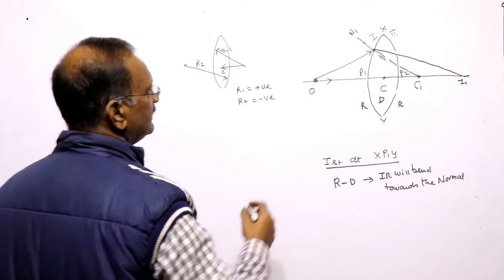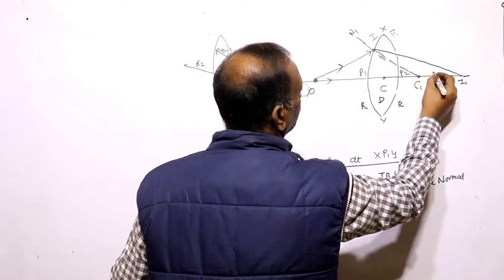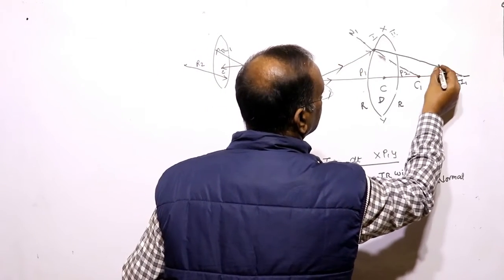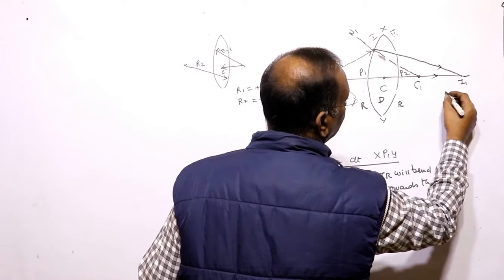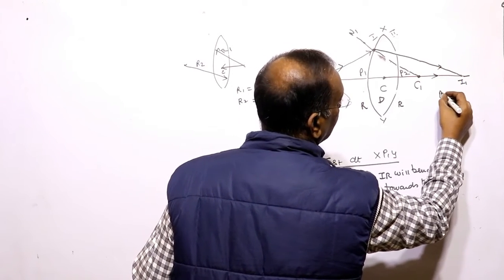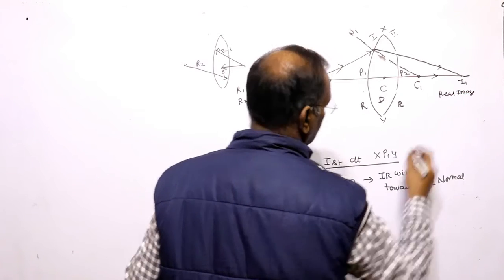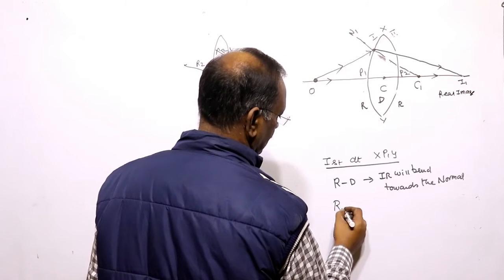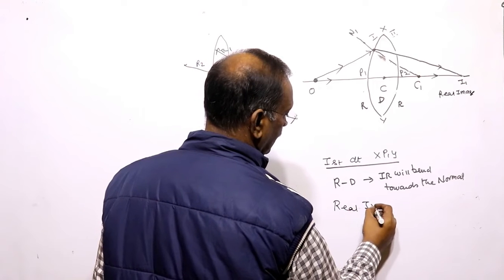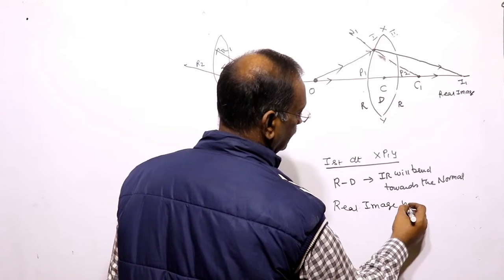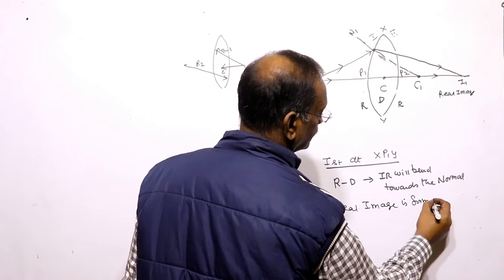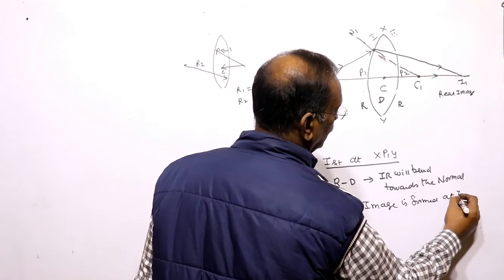The rays are going from here and meeting here, so this will be a real image. Therefore, a real image is formed at I1.